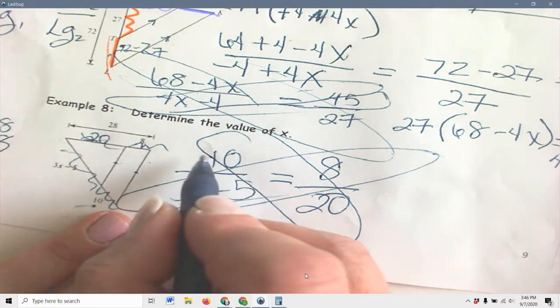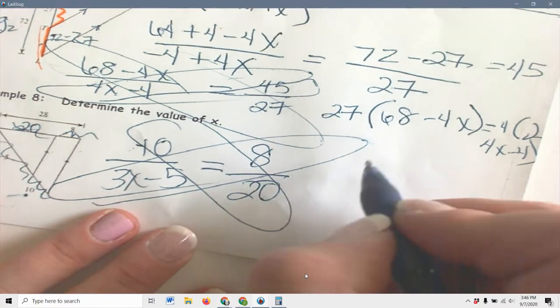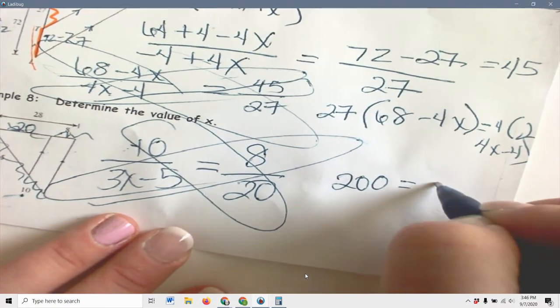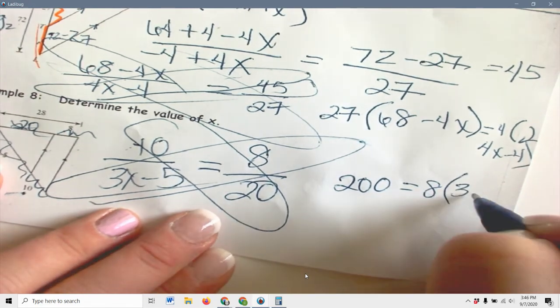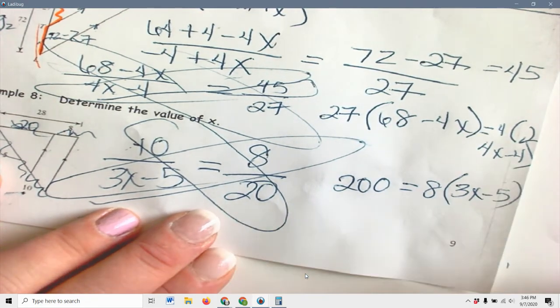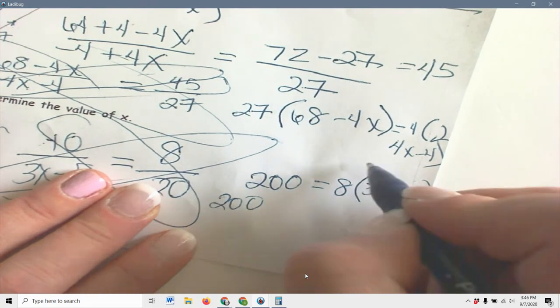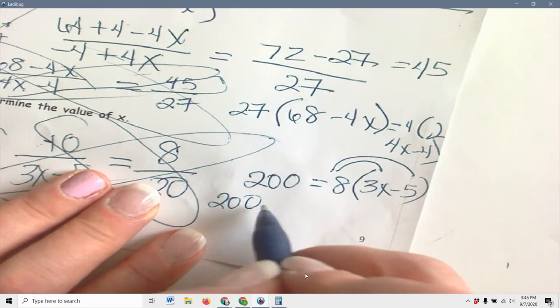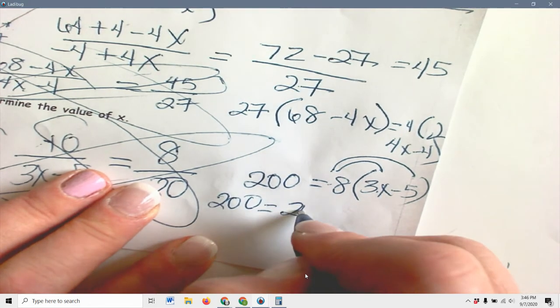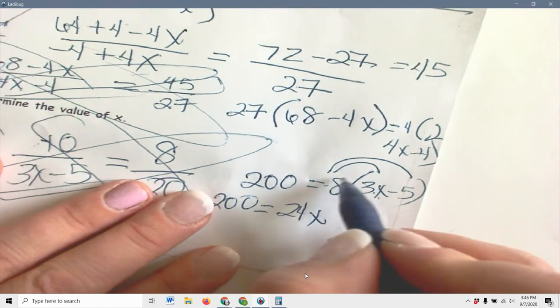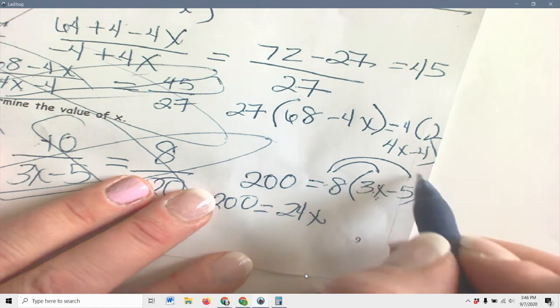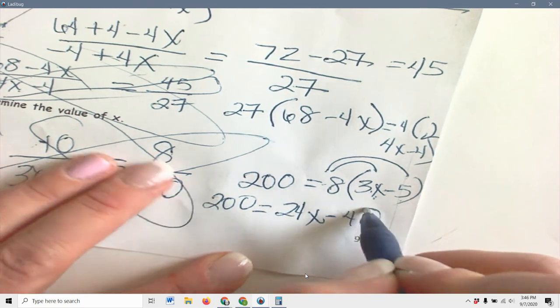So this will give us 10 times 20, which is 200, equals 8 times 3x minus 5. Again, we will distribute this to both terms. 8 times 3x is going to give us 24x, and then minus 8 times 5, which is 40.